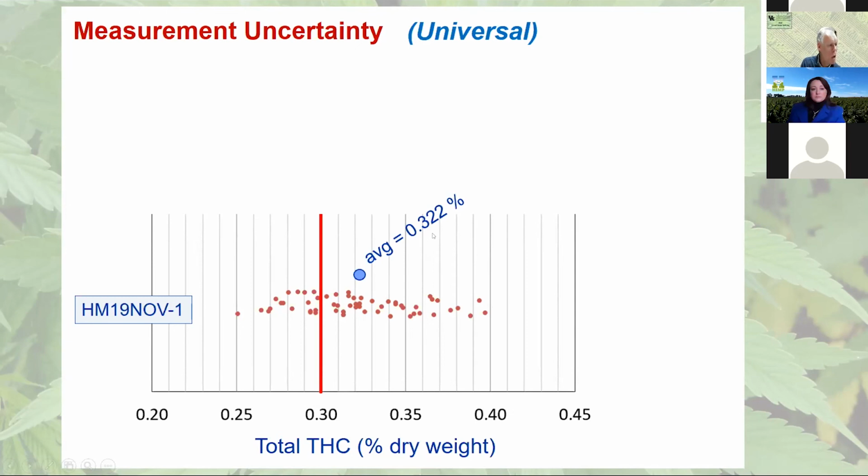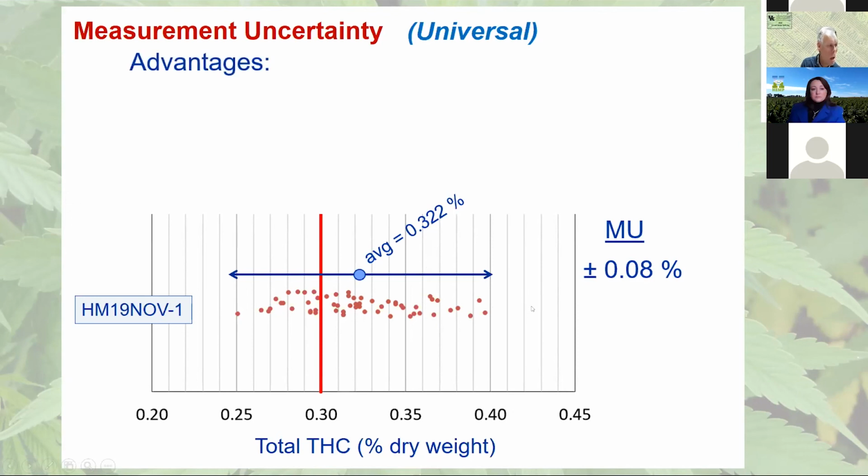This average concentration was 0.322%, and the measurement uncertainty would be 0.08% if it encompasses all this data that was compliant in the PT program. So 0.08% would be a measurement uncertainty that would be the same used for all labs.